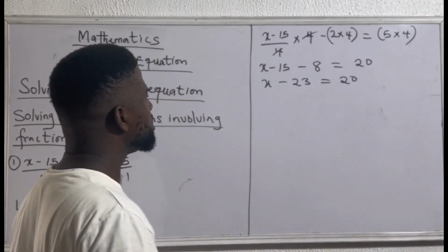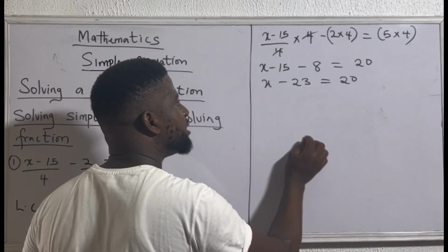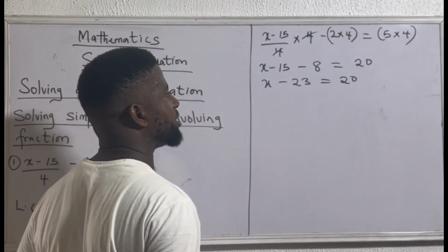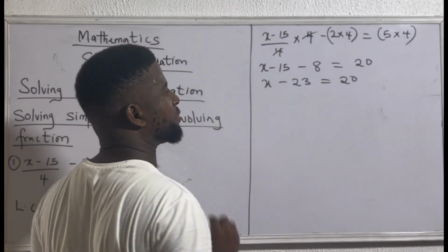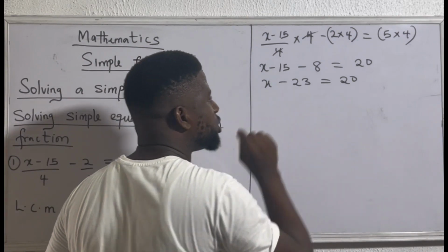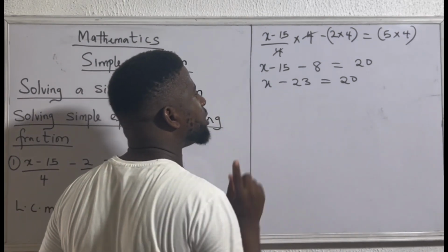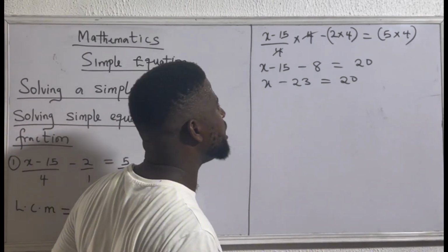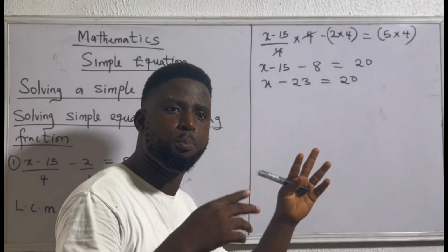If you look at this, we have a variable and a constant on the left hand side, and then we have a constant on the right hand side. We want to ensure that we have only variable on the left hand side. So we have to delete this 23, minus 23, right? And for us to delete minus 23, we have to find the inverse of minus 23, which is the opposite of minus 23.